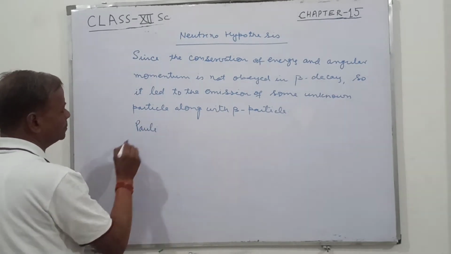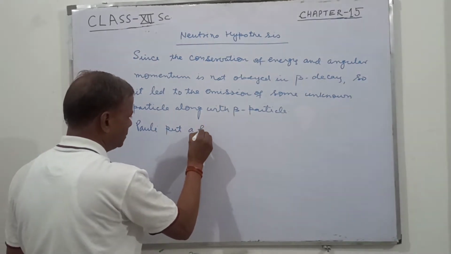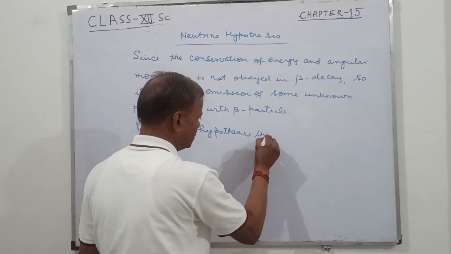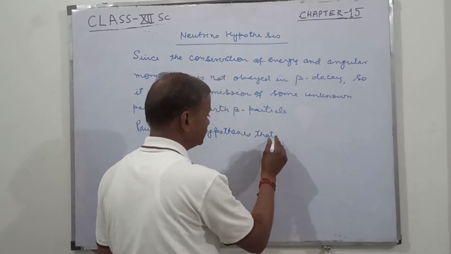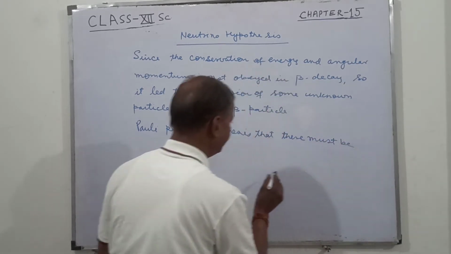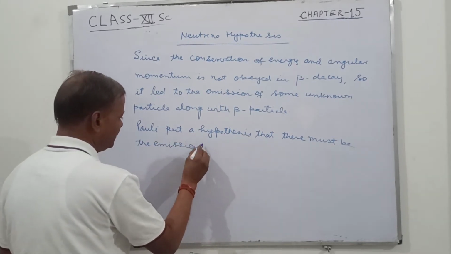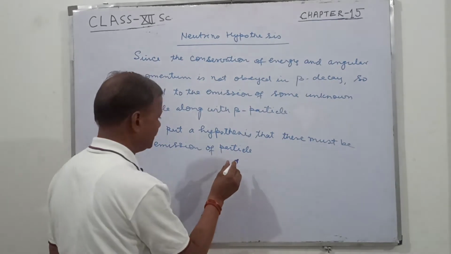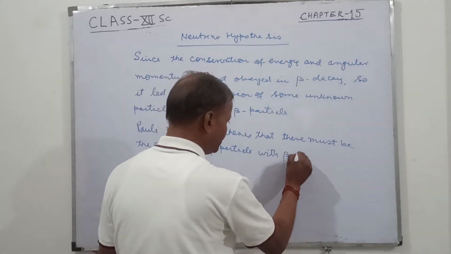Pauli put a hypothesis that there must be the emission of a particle with the beta particle.